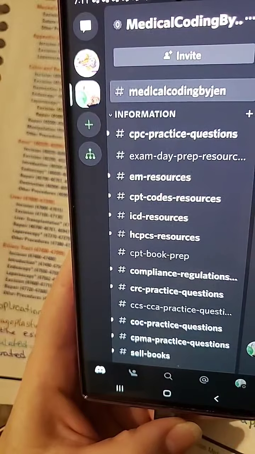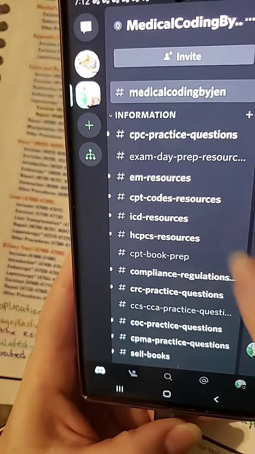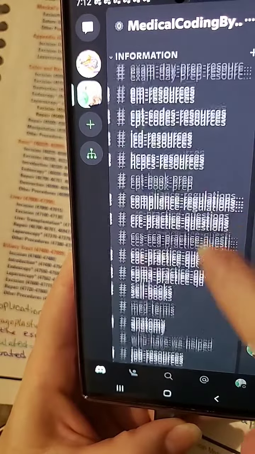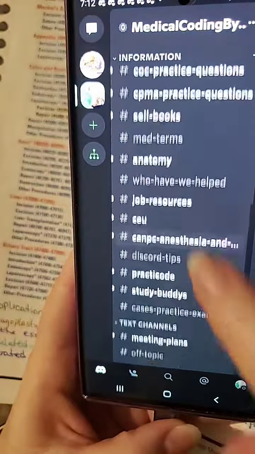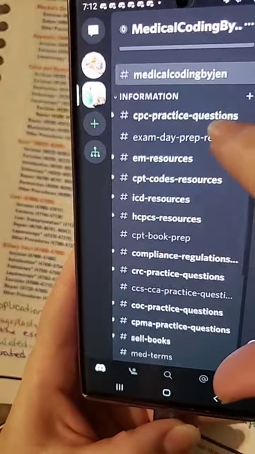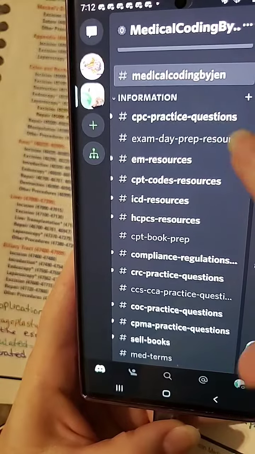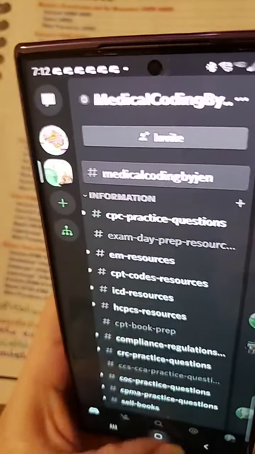I've got free rooms for what to expect on exam day, E&M resources, CPT code resources. All these rooms have pictures of things that'll help you out, study buddies, case examples. We even have practice exam question rooms. Just a lot of free resources here.